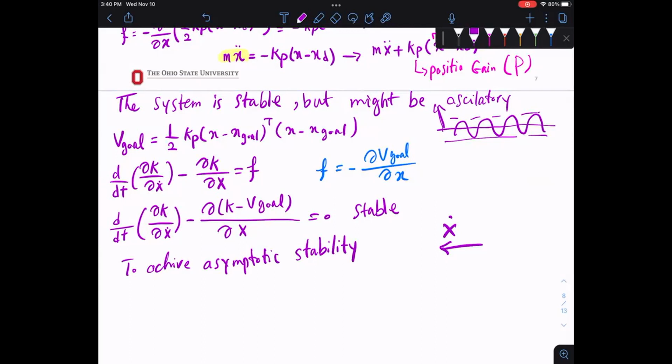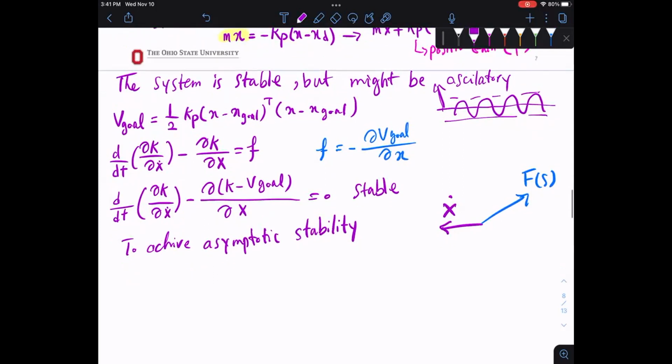Make sense? So let's say there is a force Fs that opposes the velocity, right? I put it in a random direction because I don't know where my x dot is. So any direction, a force that's opposed to that, and once the two are equal in opposite direction, then there will be 0. So I'm defining this.